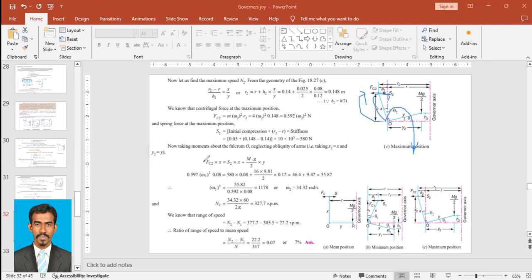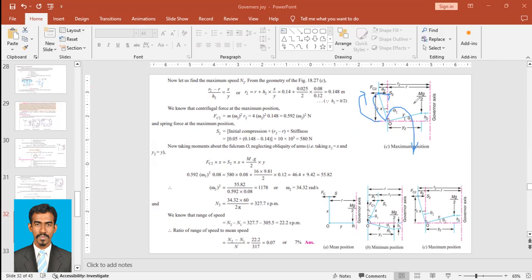When you substitute all these values, FC2, which we have found to be 0.592 omega 2 squared, into x, which was given in the question as 0.08 for the ball arm, is equal to S2, which we have found to be 580, into x, that is the length of the ball arm 0.08, plus mg by 2.